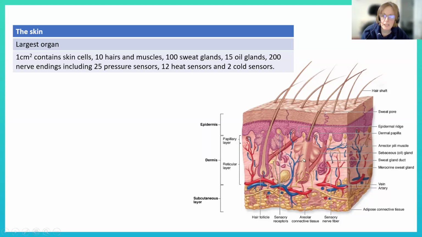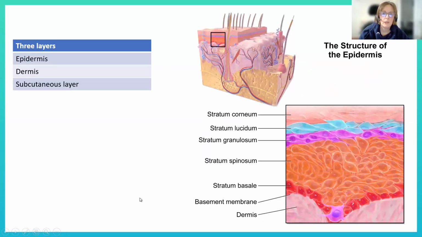Got oil glands to help look after our hair. Arteries and veins to supply the tissue with nutrients and oxygen. And then we've got a sort of shock absorbing layer at the bottom there, fat layer. So really quite complex. We're going to have a look in a little more detail now at these structures.